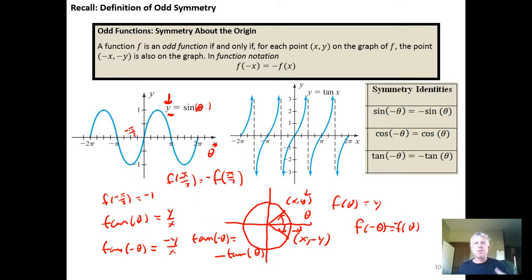It just comes from how the coordinates play out as we rotate through a positive or negative angle on the unit circle. The definition of odd symmetry that we learned in pre-calc, we can now apply to the tangent function: plug in the opposite of the angle, and we get the opposite of the tangent of the angle. This is just the definition of odd symmetry, and that's why they're called the symmetry identities.